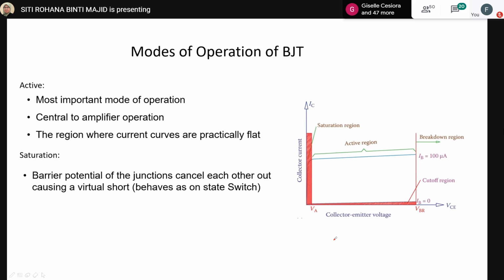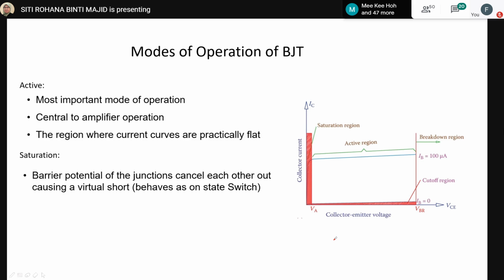The saturation region is where the potential barriers of the junctions cancel each other out, causing a virtual short. That means there are a lot of charge carriers here. That's why they are saturated there, and you can see that the voltage value is quite low. After that, we get the active region, which is a very important mode of operation for the BJT, central to amplification operation.